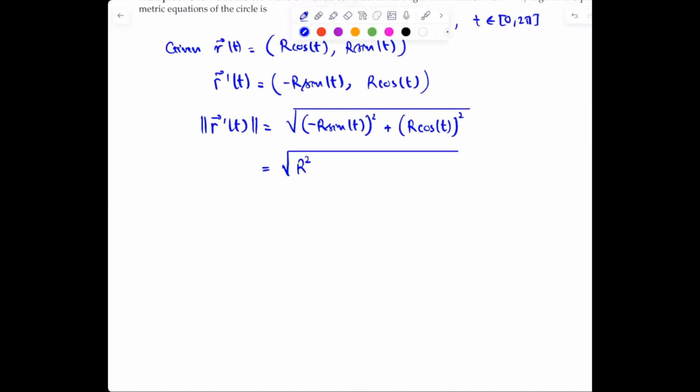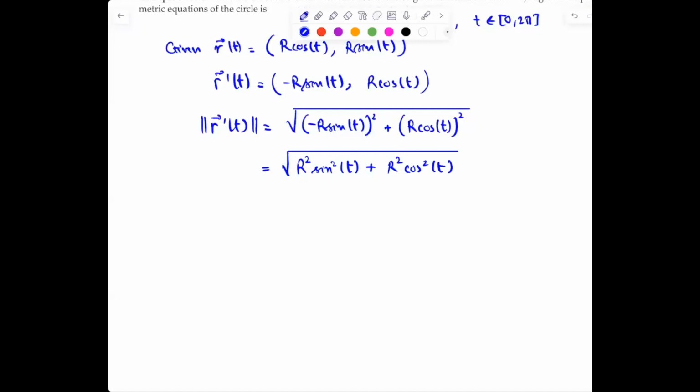You have R squared times sine squared of t plus R squared times cosine squared of t. R squared is a common factor, and you're left with sine squared plus cosine squared, which is equal to 1.